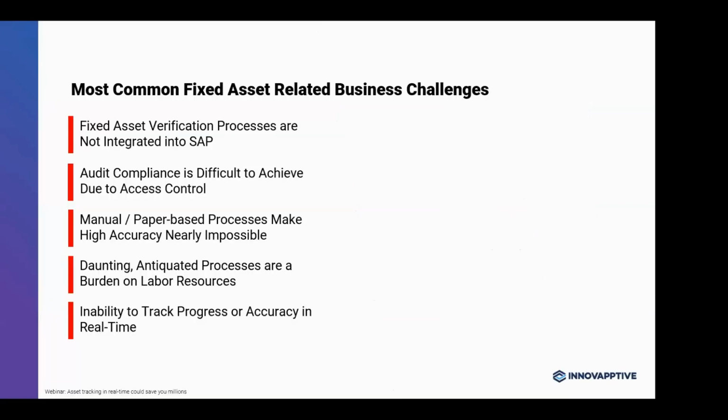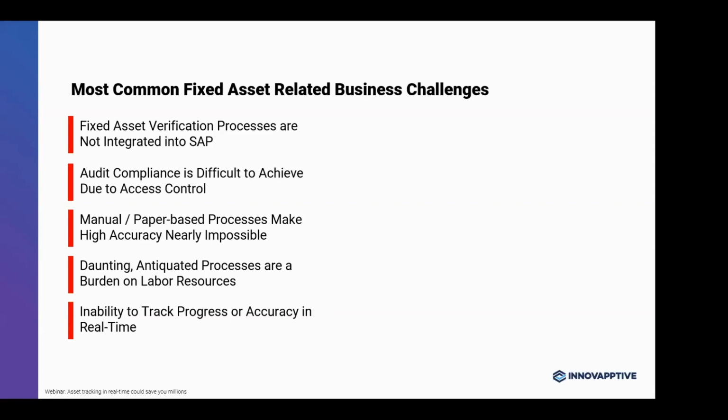So let's talk about some of the most common fixed asset related business challenges that we see in our customers. Many customers like y'all have a lot of manual processes related to asset tracking. There are a lot of daunting and often paper-based processes. We have a lot of customers that have audit failures, which are common due to access control and other issues during the asset tracking and inventory process.